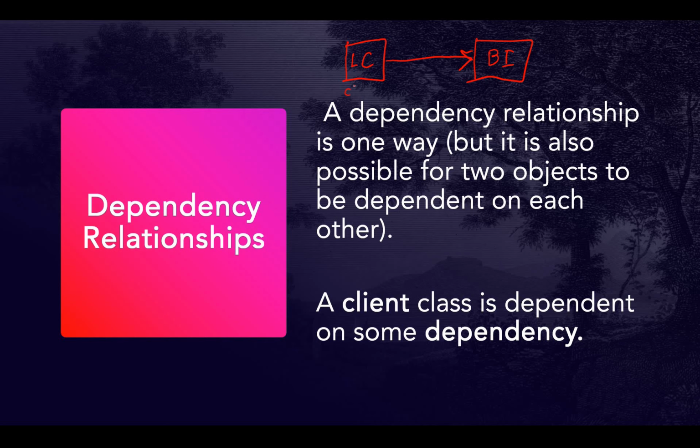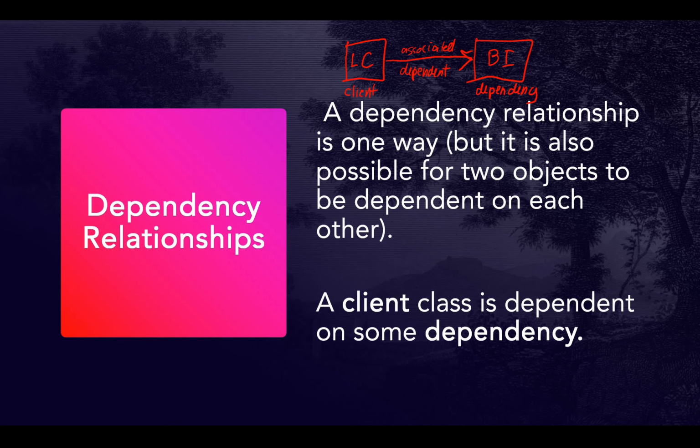So we call the library card the client, and we call the borrowable item the dependency. So the verb that describes this relationship is dependent. So the client is dependent on the dependency. Sometimes we call again this relationship the association. The client is associated to the dependency.